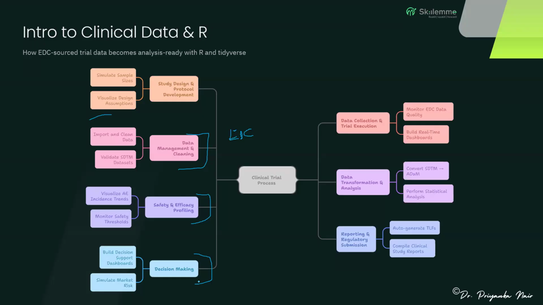With one or two clicks, you can build entire dashboards once you have all the data prepared, right? So this gives the operational teams their finger on the pulse of the study. I think decision making has been a really key aspect lately.